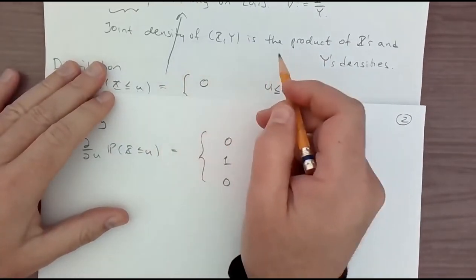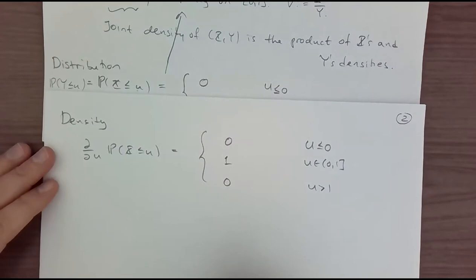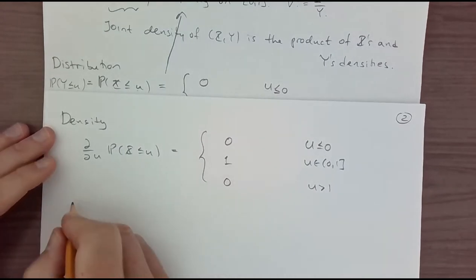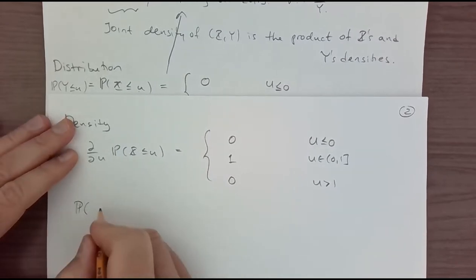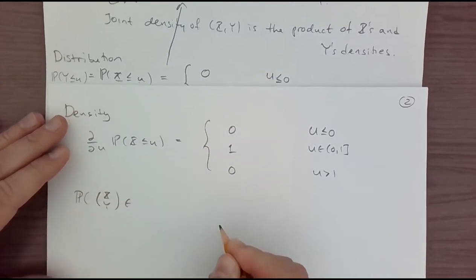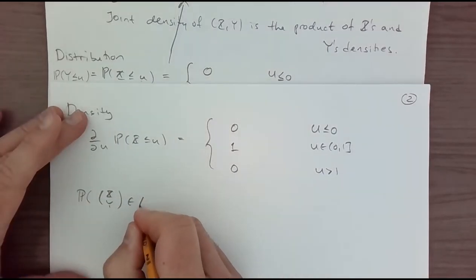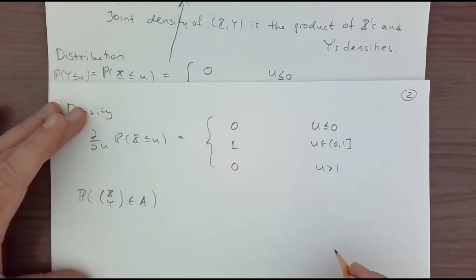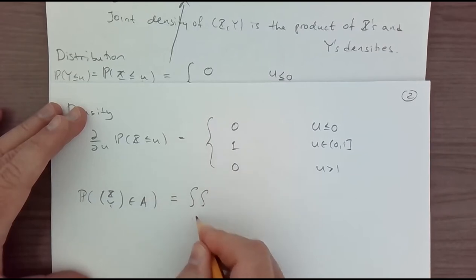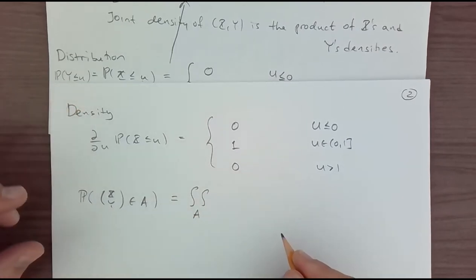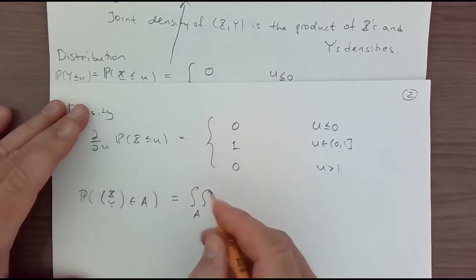We have the joint density of x and y. This is the product. So what does that mean? Well, the joint density means that if I'm looking at the probability that the pair x comma y belongs to some set, say A, I can compute that as a double integral over A, and then multiply in the density.